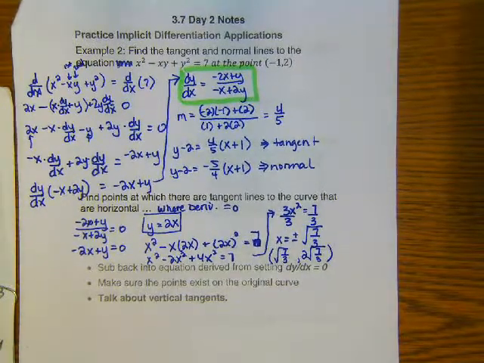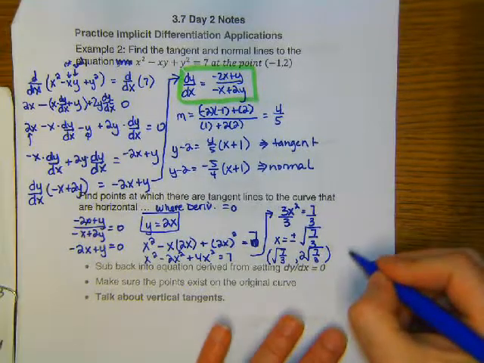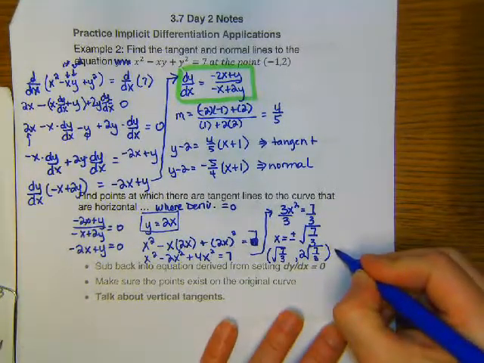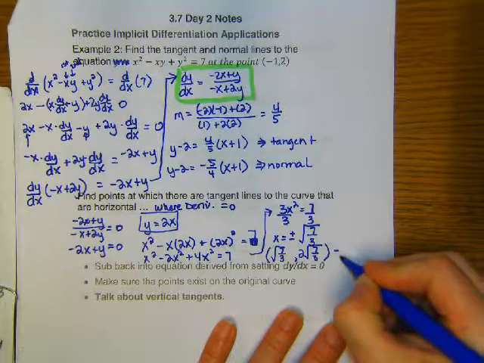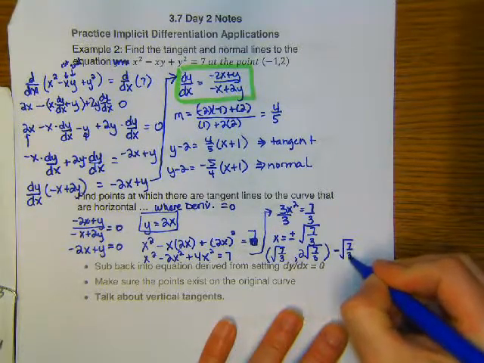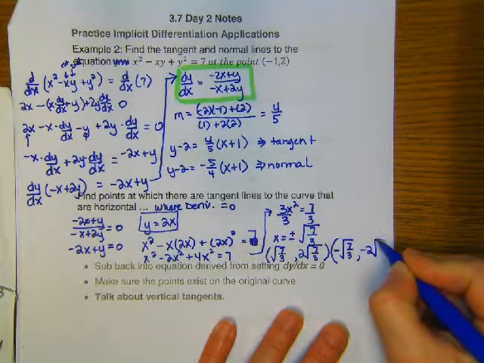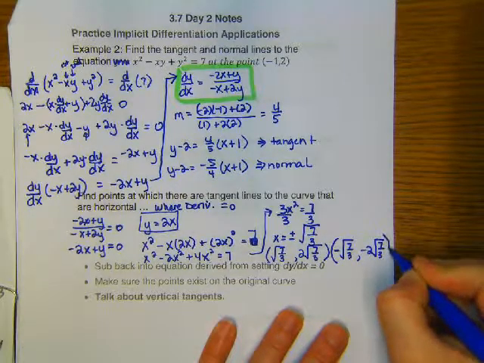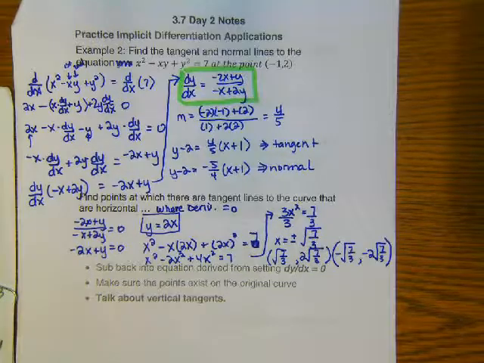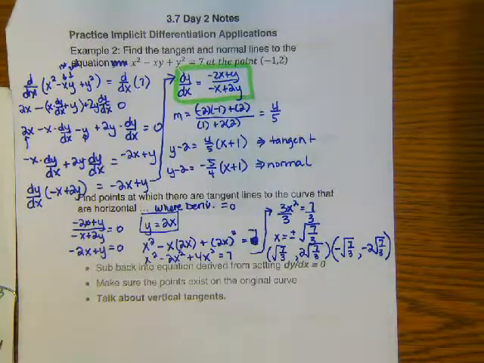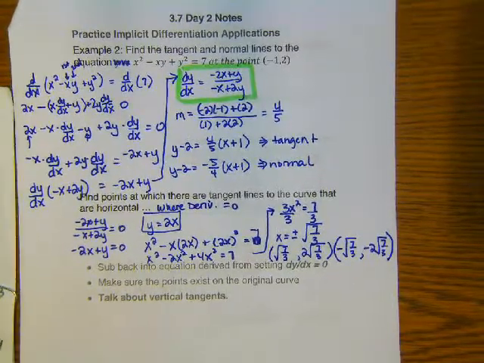And then my other point would be the opposite of that. So negative the square root of 7 over 3 and negative 2 root 7 over 3. So they don't look pretty, but those would be the points if you would graph this equation where there would be horizontal tangents.